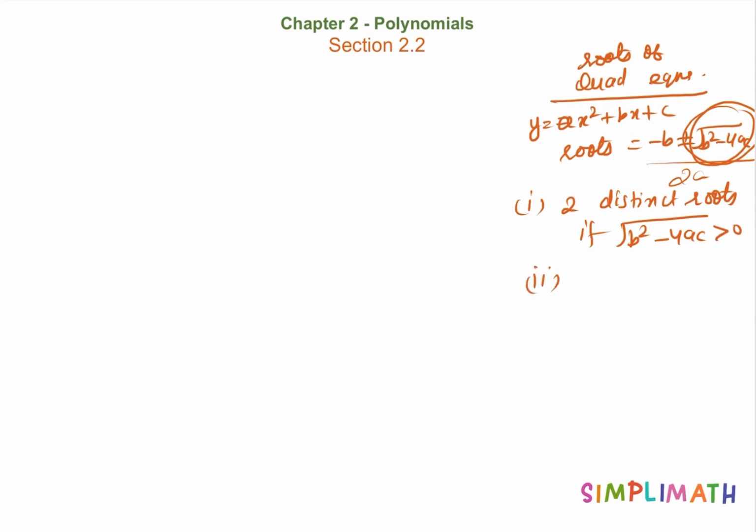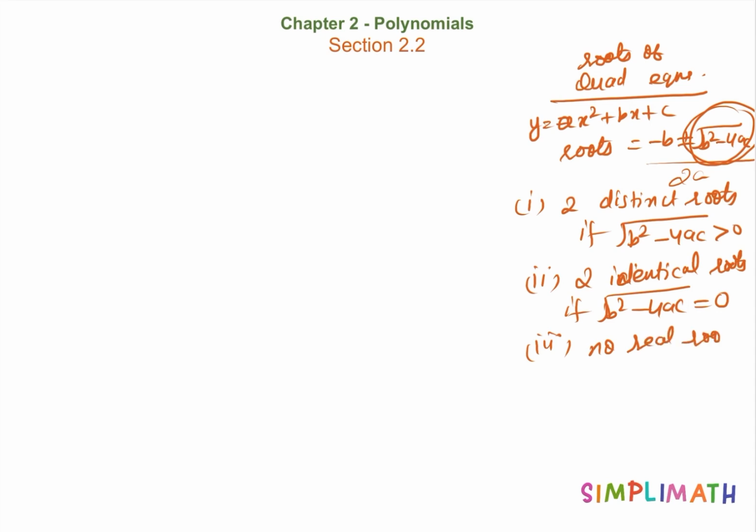We get two identical roots if b square minus 4ac equals 0, and we get no real roots if b square minus 4ac is less than 0.